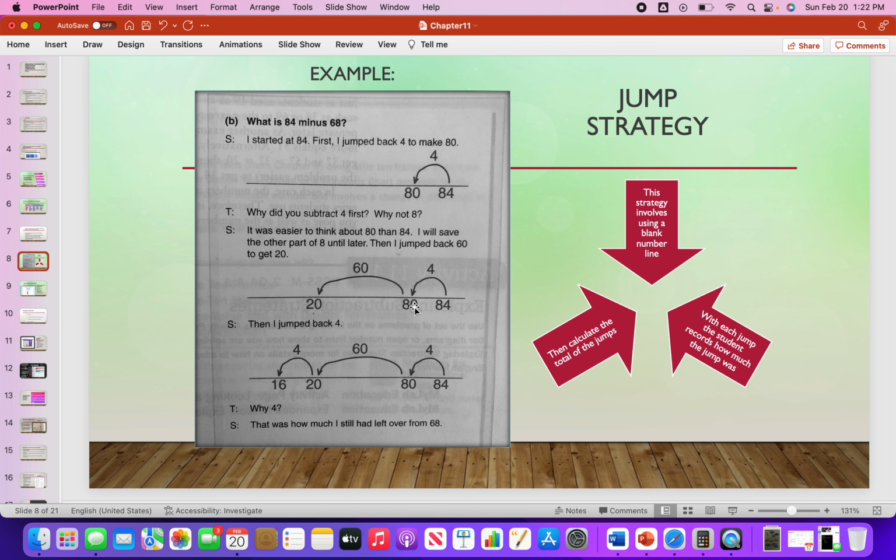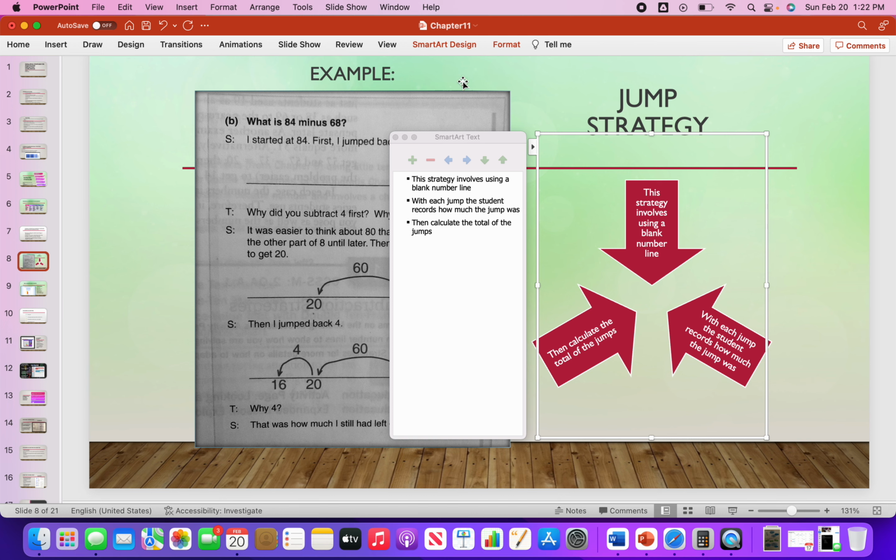From there, the student jumped to 20, which was 6 tens, so 60. Then they jumped back 4 more to get 16, and they were able to add all of these together. 60 plus 4 plus 4 equals 68. And that is how they were able to get their answer.